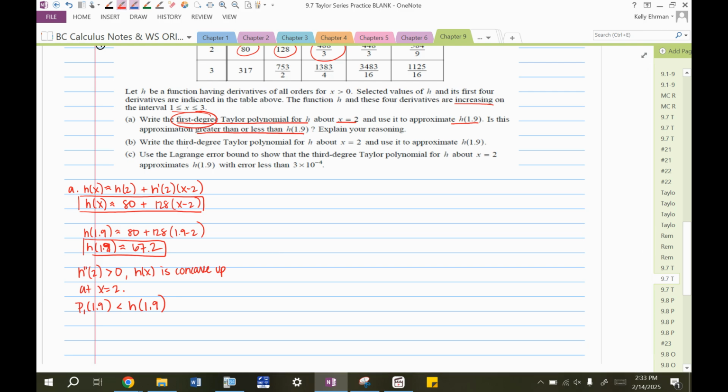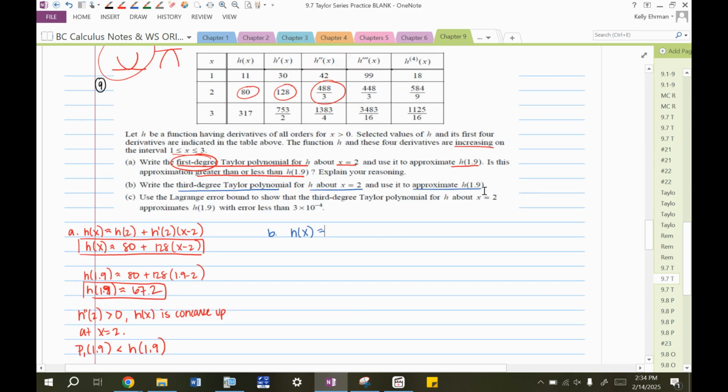Part B. Write the third degree Taylor polynomial for h about x equals 2 and use it to approximate h of 1.9. So h of x is about equal to, I'm not going to write it all out this time, let's see if I can keep track of it.